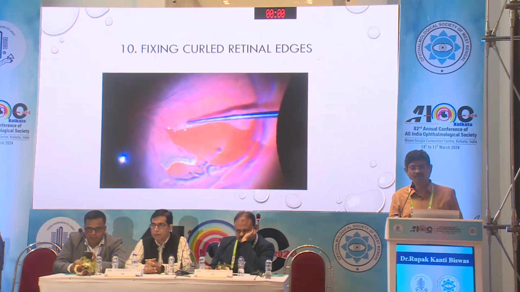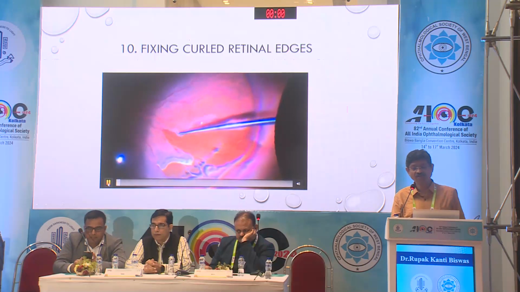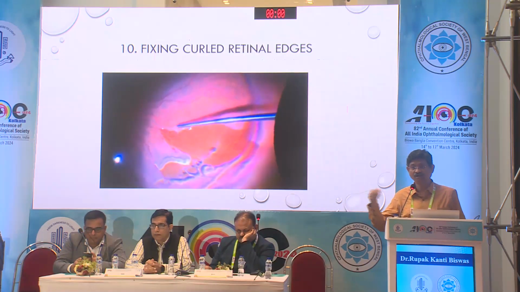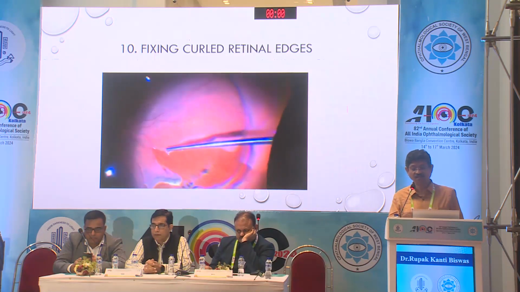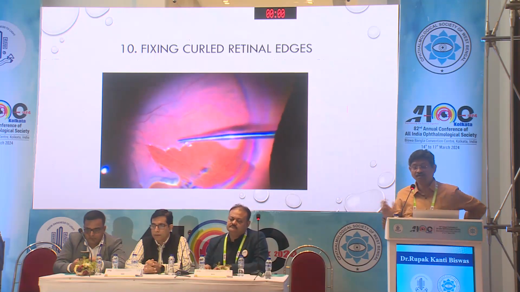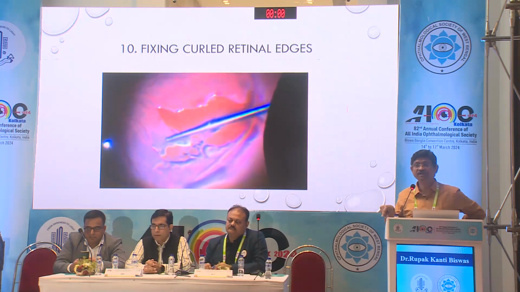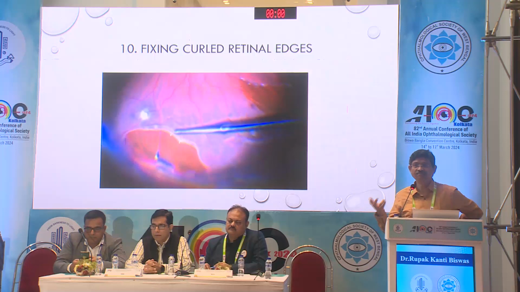Fixing the curled retinal edges, yes, it is possible. You can gently nudge it, because in this kind of situation, the more you can cover the exposed choroid, the better. Most importantly, if you unfold the curled retina, then marginal PVR development at a later stage becomes less, so the chance of recurrence becomes less.